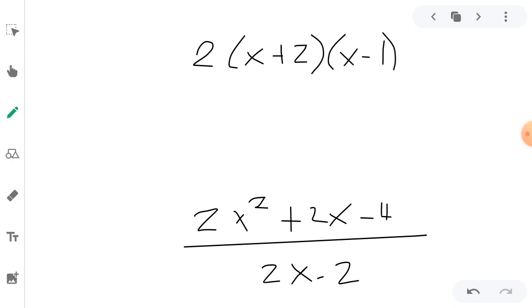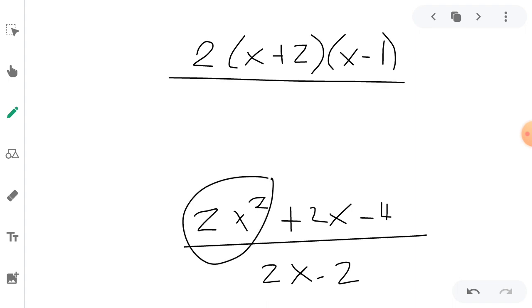Finactor out ko lang or nilabas ko lang si 2 para maalis yung ating leading coefficient dito over 2x minus 2.